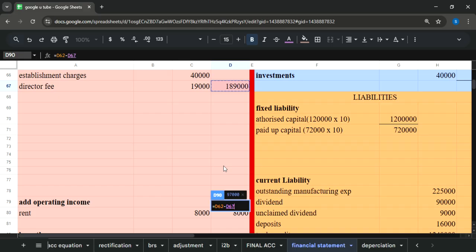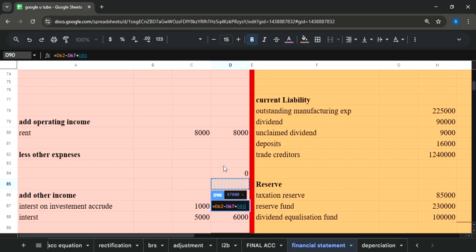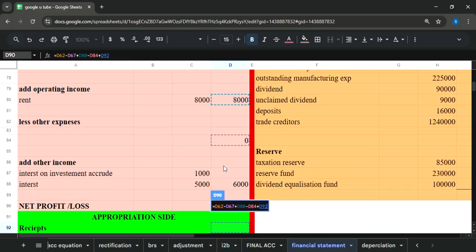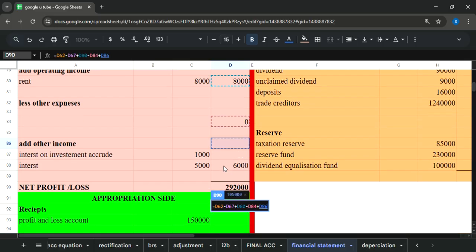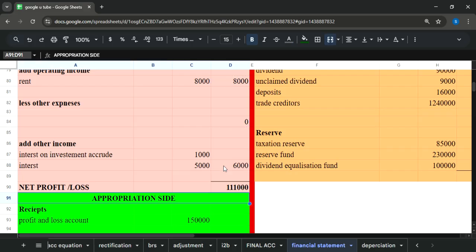Then you will add your operating income 8,000. You will subtract other expense 0, and then add your other income, that is 6,000. So finally we have got 111,000. This is your net profit, and hopefully this answer is available in your book. Let's check it out.